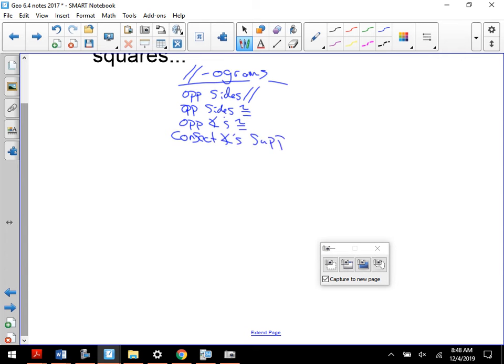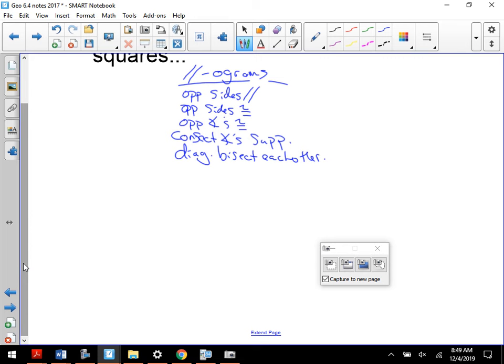Opposite sides are parallel, opposite sides are congruent, opposite angles are congruent, and consecutive angles, the ones next to each other, are supplementary. And the last bit was that the diagonals bisect each other. That was the same for every single parallelogram.